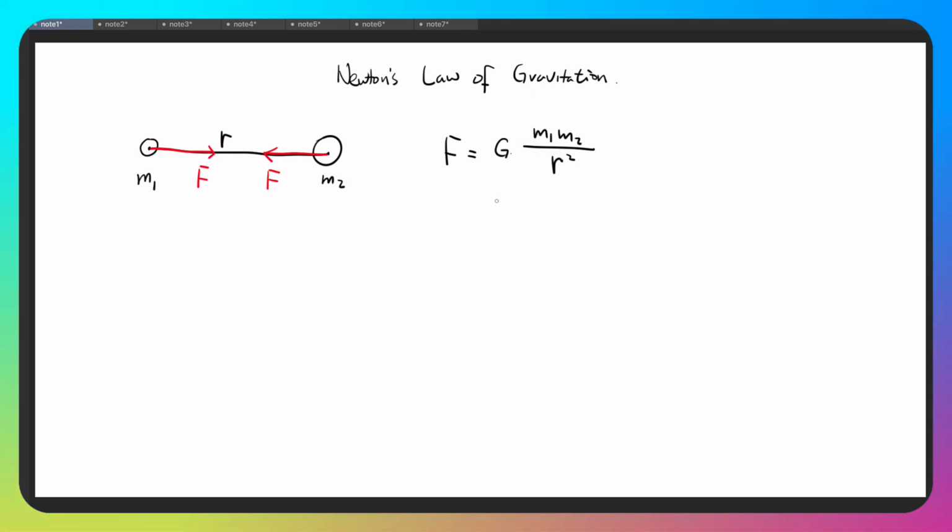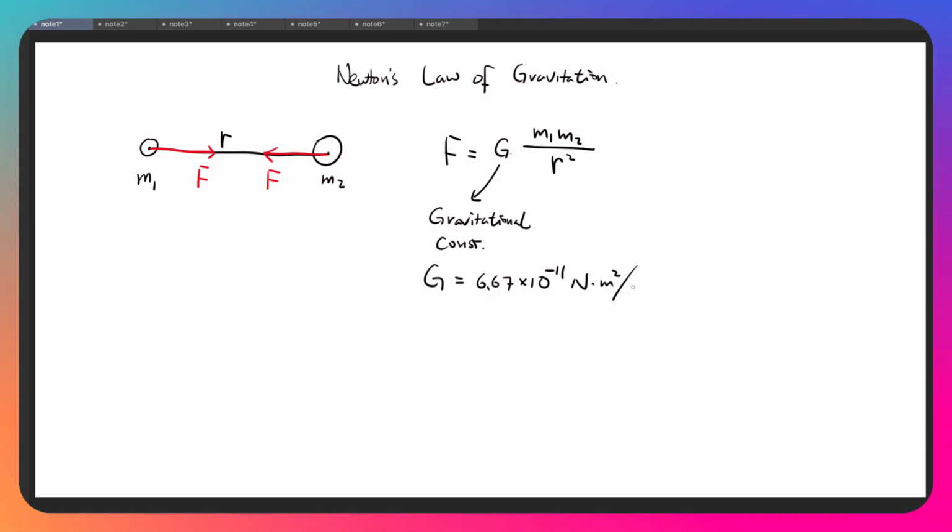Now here capital G is called the gravitational constant, and its value is given by 6.67 times 10 to the negative 11 Newton square meter per square kilogram.